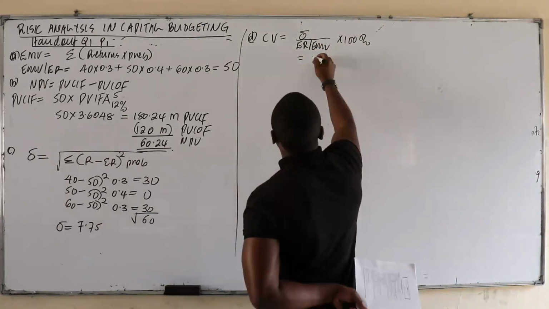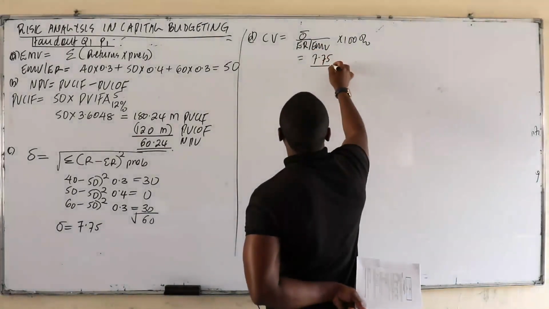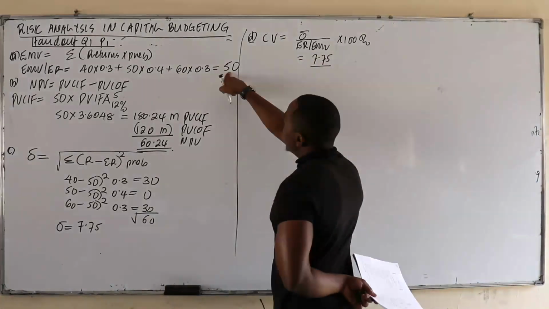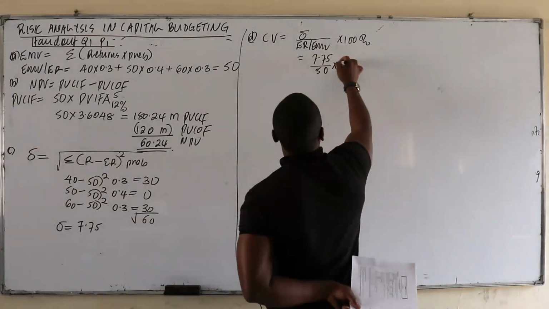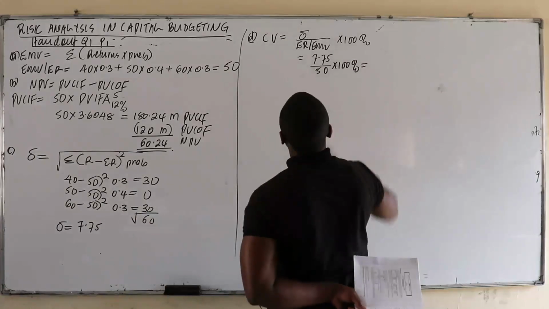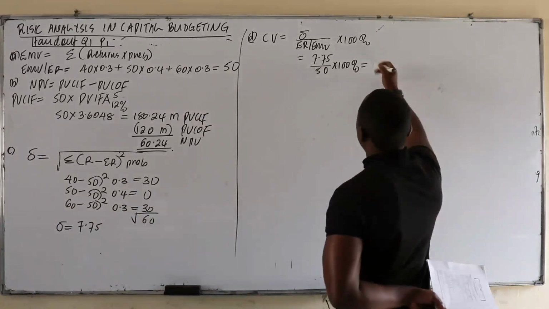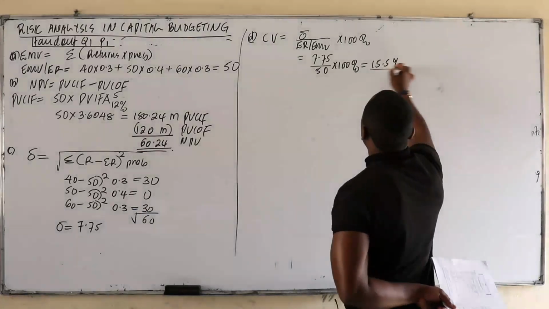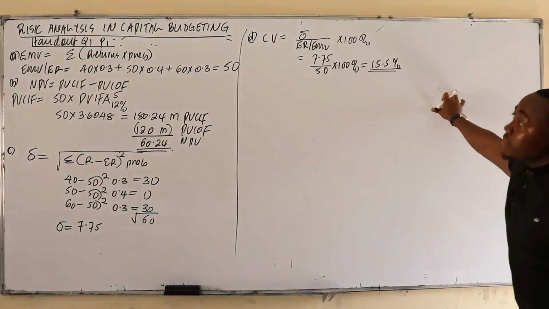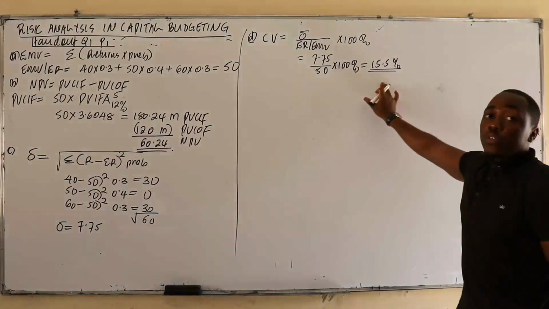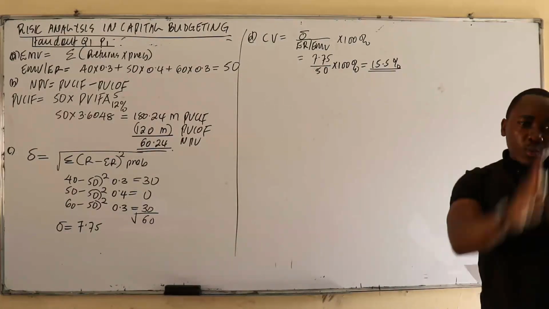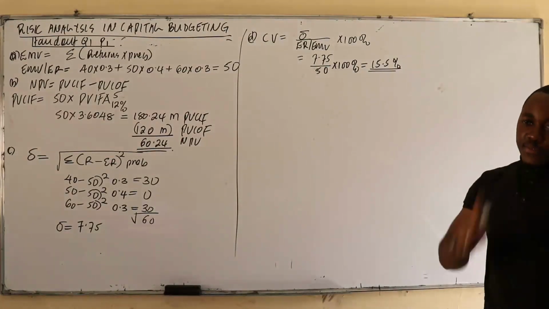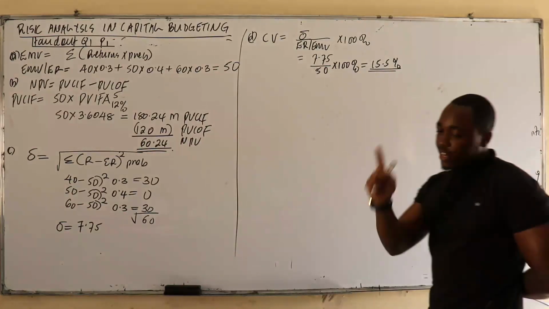Standard deviation, we have it 7.75, and the expected return, EMV, was an amount of 50. You multiply by 100%. So how much is that? 15.5%. Now, what does that mean? So that means you are taking a risk of 15.5% to generate 1 unit of return.